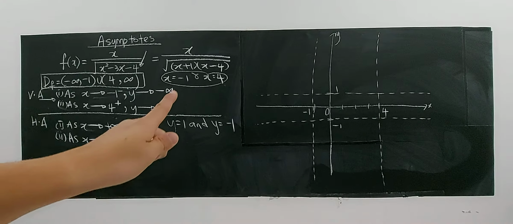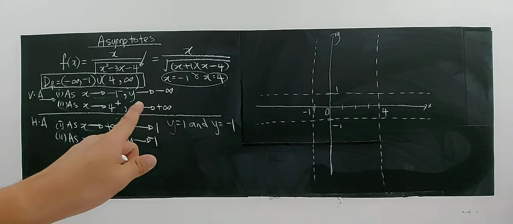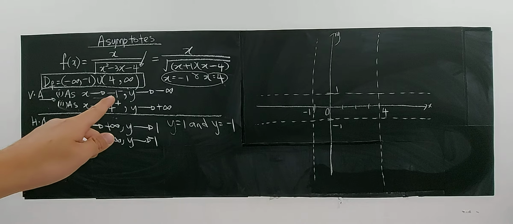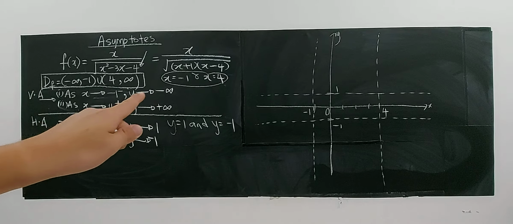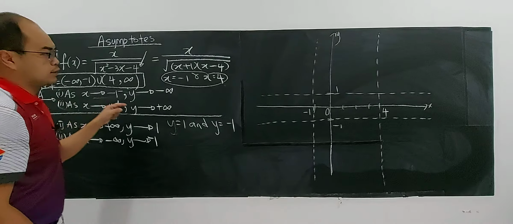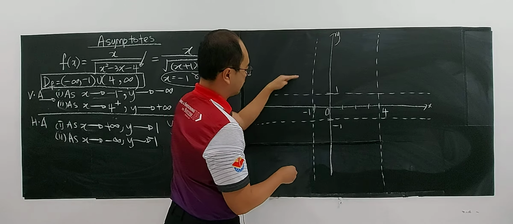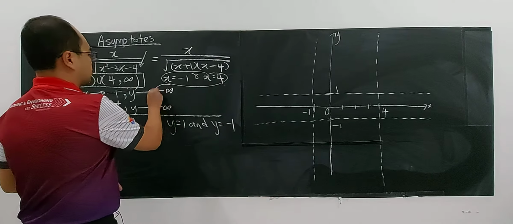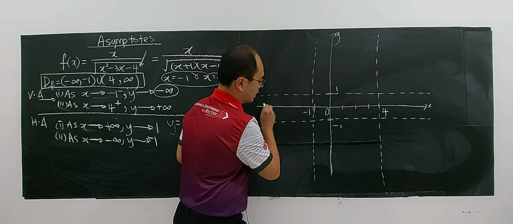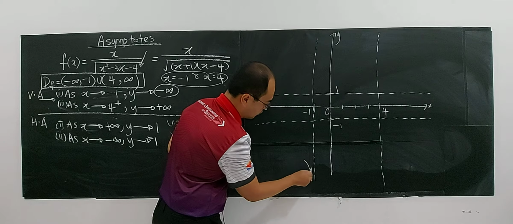Let's look at the vertical asymptote at negative 1, right? Only one side is defined. As x approaches negative 1 from the left, y goes down to negative infinity. So as x approaches negative 1 minus, it goes to negative infinity.